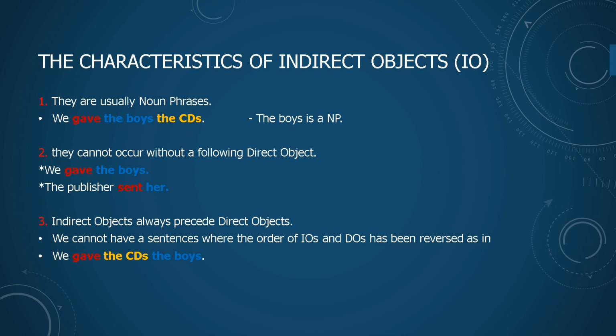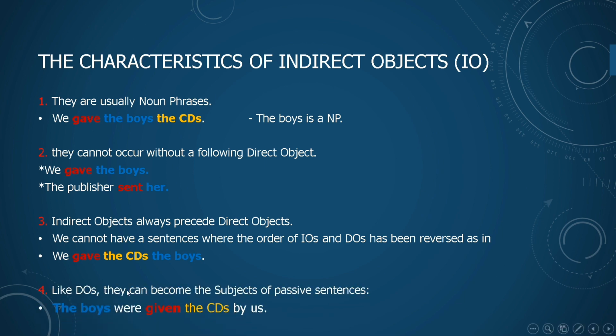So that's how you order the objects. The fourth and last characteristic is that, like the direct objects, they can become the subjects of the passive sentence. Once the sentence is turned into passive voice, the indirect object becomes the subject of the sentence. The boys were given the CDs by us.